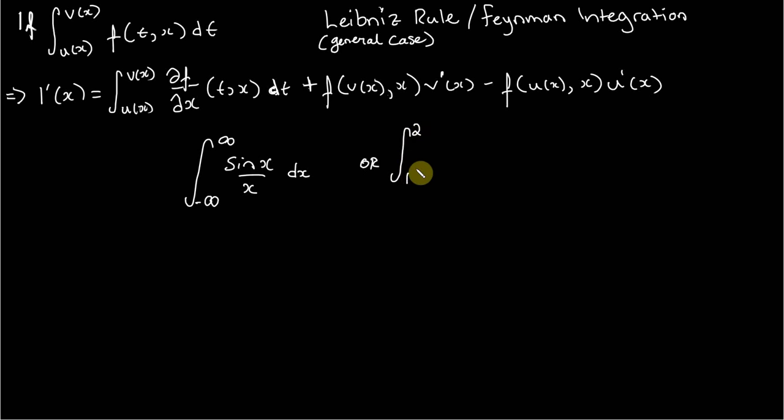So here we've got limits from 1 to 2, but say we want to integrate something like cos tx over t with respect to t. Or finally, to offer one last example, what if we have to evaluate something where the lower limit is x, the upper limit is x squared, and we have to integrate sine xt over t with respect to t.